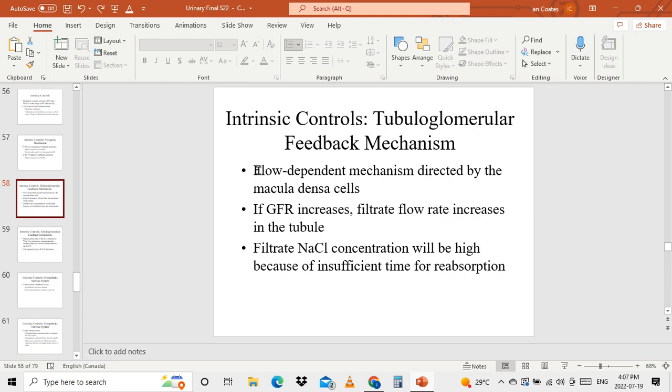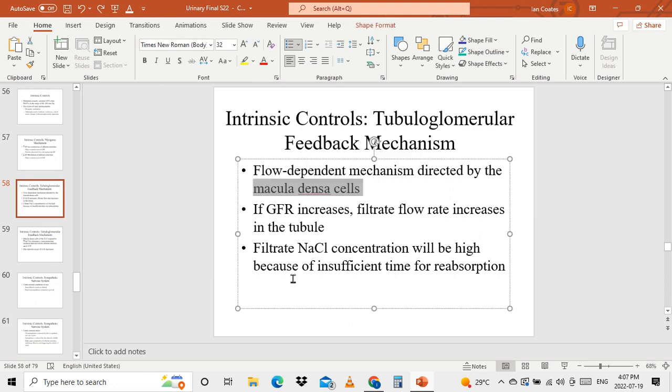What was it? The flow-dependent mechanism directed by the macula densa cells. Again, there are your macula densa cells. If the GFR increases, filtrate flow rate increases. That makes sense: if the filtration rate increases, the flow rate will increase as well. The filtrate salt concentration will be high because of insufficient time for reabsorption.